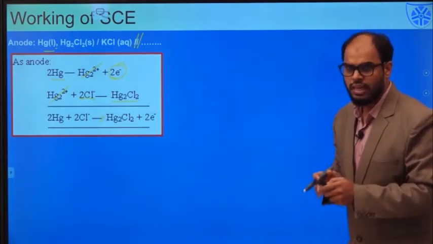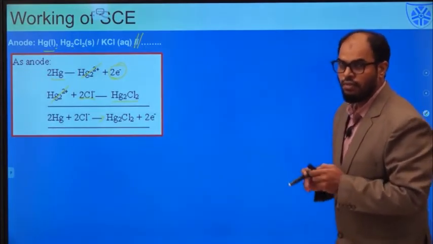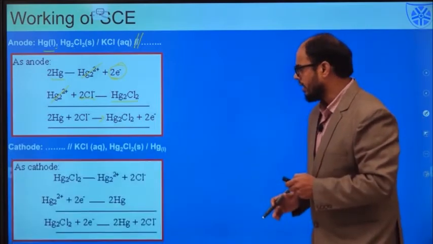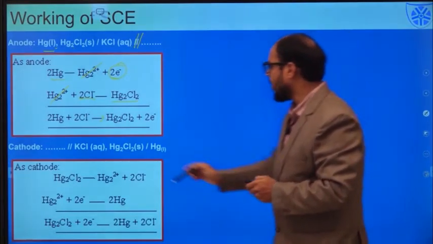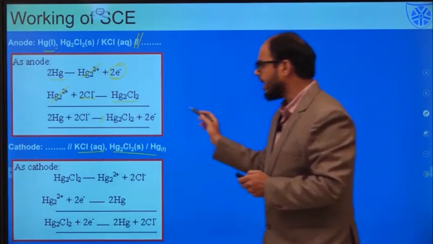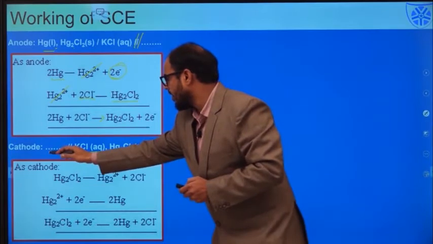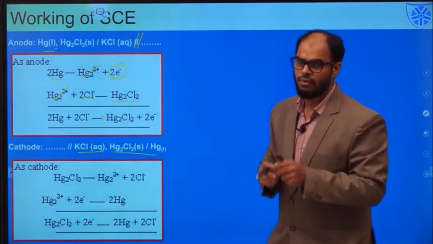We have said very clearly that this saturated calomel electrode is a reversible electrode which can act as an anode as well as a cathode. When it is acting as a cathode, I just have to write the cell representation on the right hand side, so that the left hand side can be occupied by the other half cell which is acting as an anode.